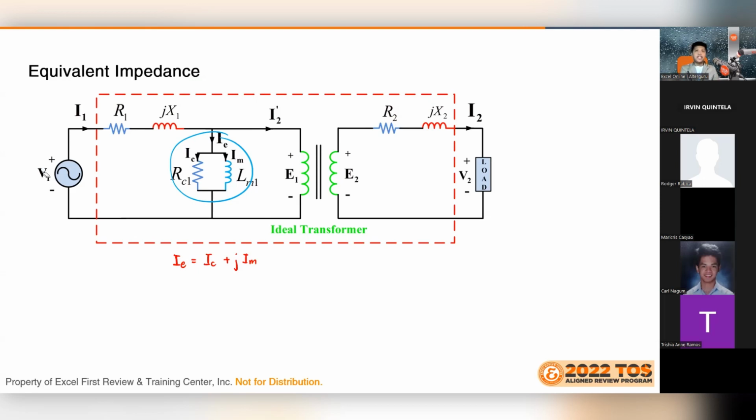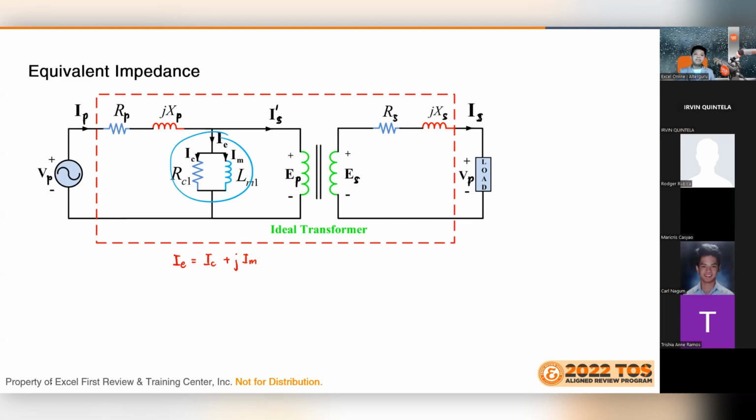Saktong V na ito. Ibig sabihin terminal voltage. V sub P, E sub P, ES. Ito VP. Ayan. IP, RP, JXP. Tapos, this is IS prime. Prime to ha, kasi na-transform niya eh. IS, JXS, IS. Okay. So yan, ginawa ko lang siyang mga S.